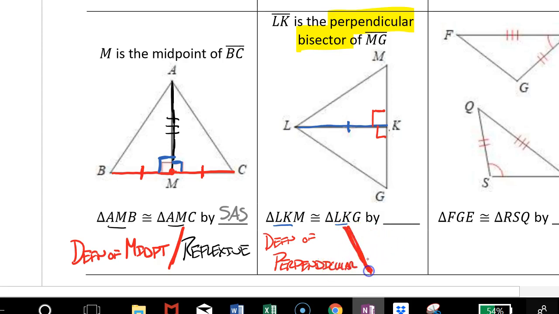First piece of information, again, we're given it, but we know the definition means that we have 90 degrees. The other piece of information then is the idea of the definition of bisect. Bisect means it cuts a segment in half. So that means that MK is going to be congruent to KG. Once again, we have an example of triangle congruence, side angle side.